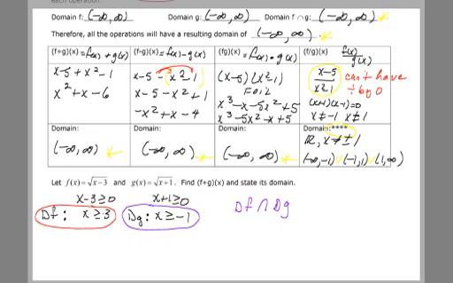So let's look at those two domains. I've got -1 to infinity, and I've got 3 to infinity. So these, if I looked at a number line, would be shaded in that direction. Greater than 3 and greater than -1.